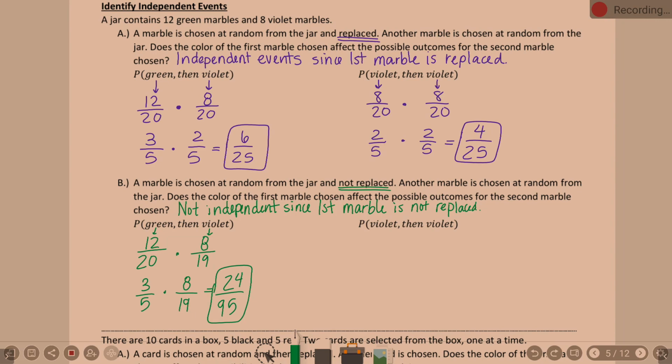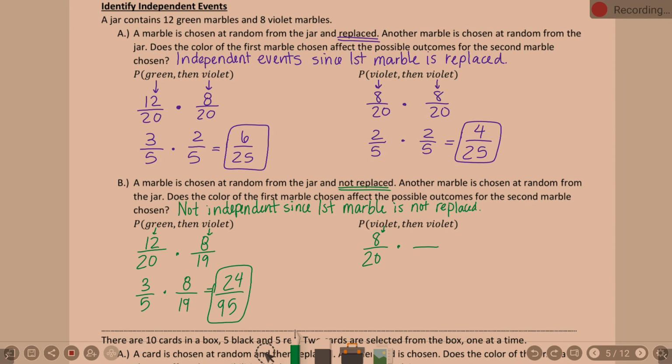Violet then violet. So now keep in mind, the new question, reset, all 20 marbles are back, yes? Okay, probability of drawing a violet marble. 8 out of 20. Then, 7/19 probability the second marble will also be violet. Instead of having all 20 marbles, that first violet marble I drew is still in my hand. So now I'm only picking from 19 marbles.